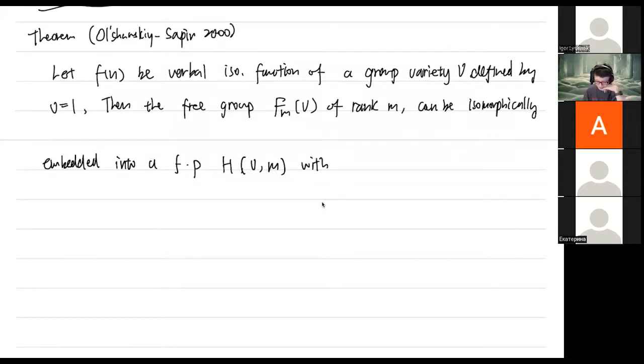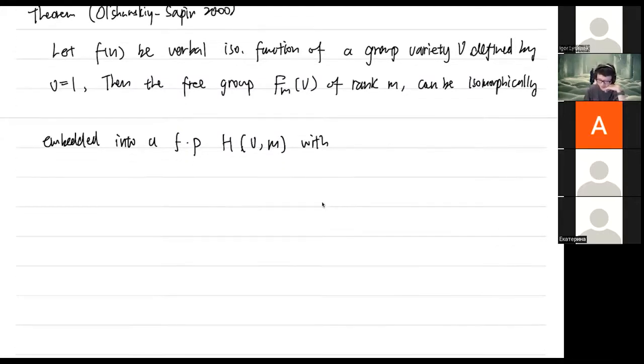The construction is explicit and depends on this. So if you know the identity and the rank, you can construct H directly.